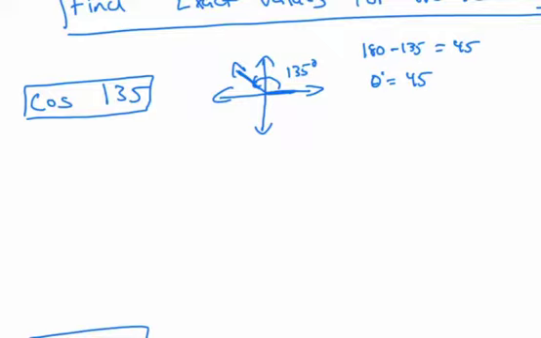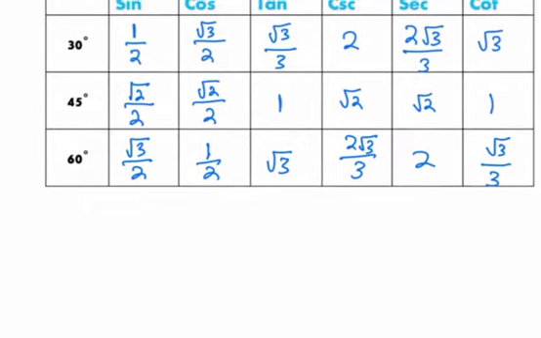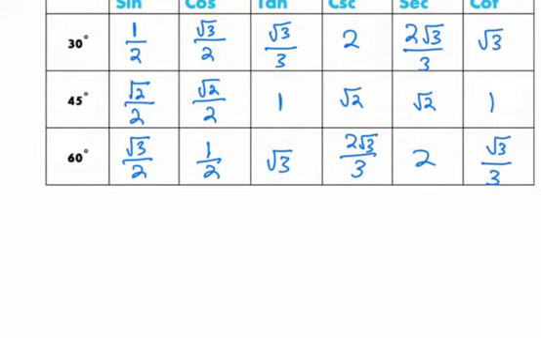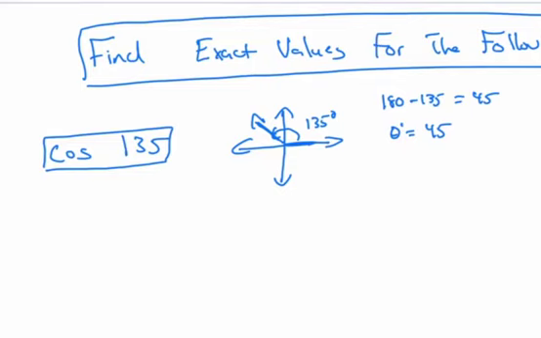I was asked the cosine of 135. The reference angle is 45, and the cosine of 45 is square root of 2 over 2. Now, I'm in the second quadrant, so my cosine might be negative or it might be positive.